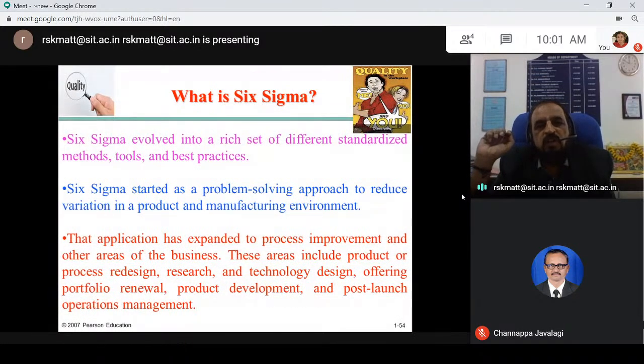Six Sigma evolved into a rich set of different standardized methods, tools, and best practices. Six Sigma started as a problem solving approach to reduce variation in the product and manufacturing environment.